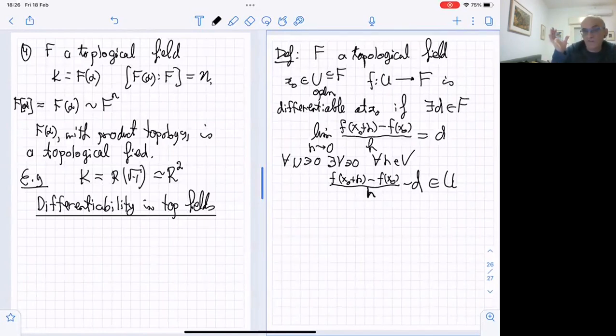You can locate all the points in which a function is differentiable just by quantifying over a basis.